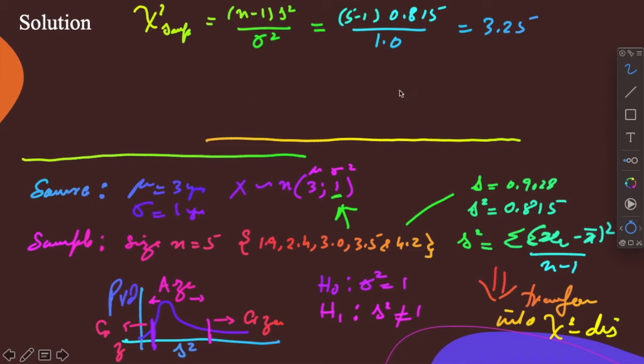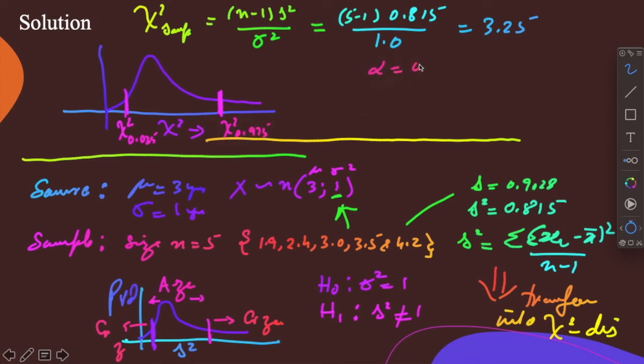So the probabilities of getting this are over the chi-square distribution. If this is our chi-square distribution, we put a lower bound and upper bound values and see where this 3.25 lies. For this we set chi-square at 0.025, suppose, and chi-square at 0.975.